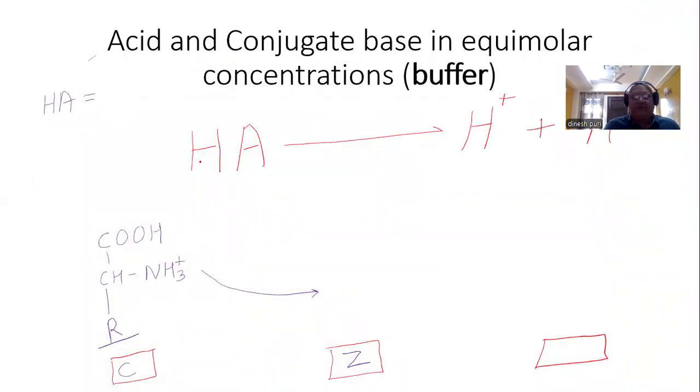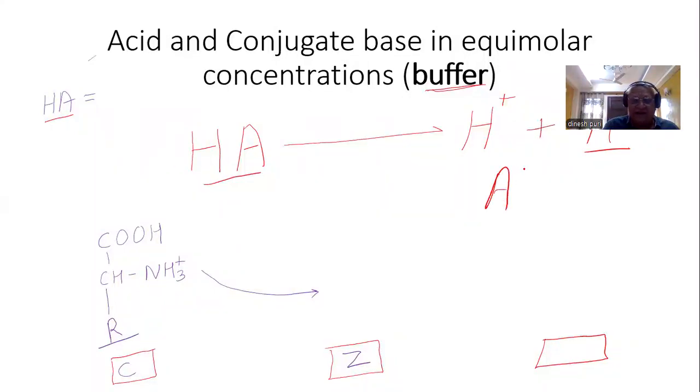Now we talk about something called buffers. Buffers are systems which resist change in pH when a small amount of acid or base is added to them. The composition of a buffer is a proton donor HA and its conjugate base A minus.